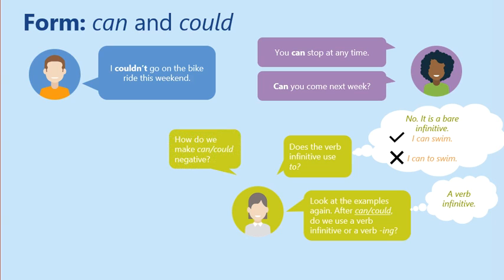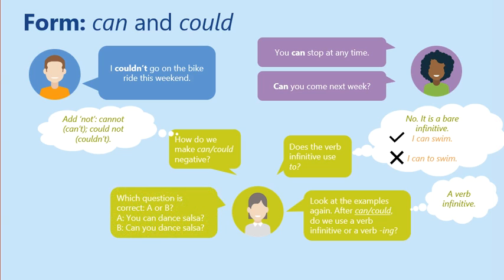How do we make can and could negative? Adding not, that means cannot or could not. Okay, which question is correct, A or B? Letter A says, you can dance salsa, and B, can you dance salsa?